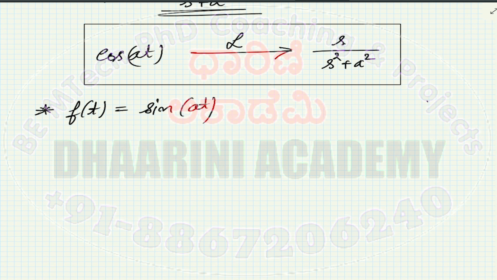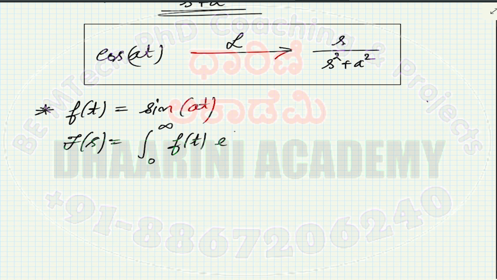So very similar to our previous solution, we'll go ahead with the calculation of f of s, that is integral 0 to infinity f of t into e to the minus st dt. In this case, this integral is sine of at into e to the minus st dt.